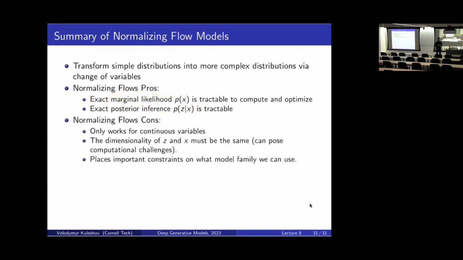That's something that we usually don't get. Now the cons are that it only works for continuous variables. The dimensionality of Z and X has to be the same, which is not great to learn the best possible representation of X. And it also imposes computational challenges, and it places constraints on the model type that we can use.